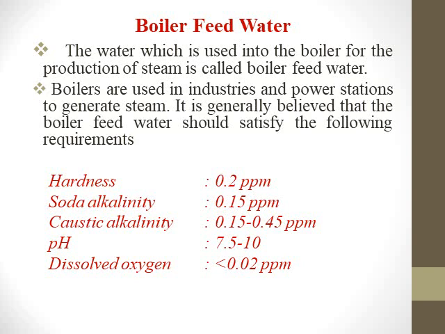So a pH of 7.5 to 10 is maintained throughout the production of superheated steam. Dissolved oxygen should be as minimum as possible, completely removed before the water is fed inside the boilers. Dissolved oxygen should be less than 0.02 ppm. So these are the main requirements for the water which is fed inside the boilers.